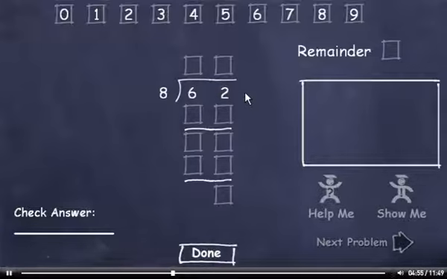62 divided by 8. 8 can't go into 6, but it can go into 62 7 times. Seven times 8 is 56.